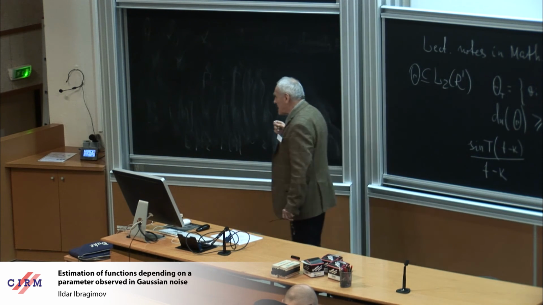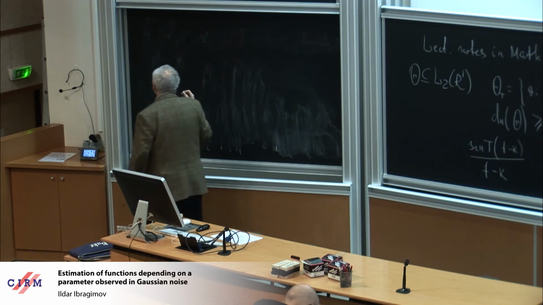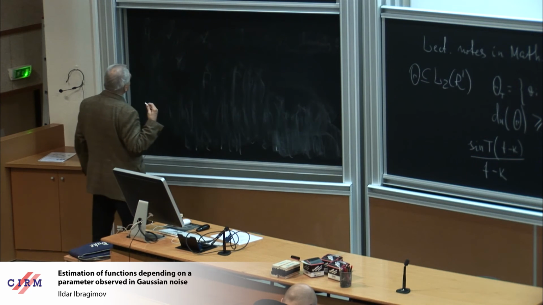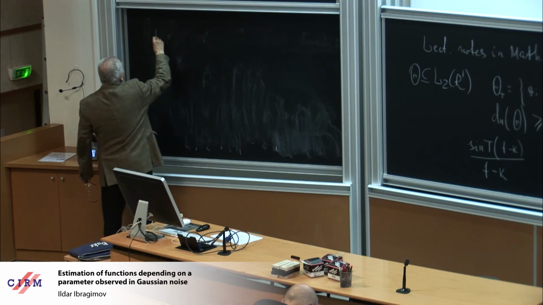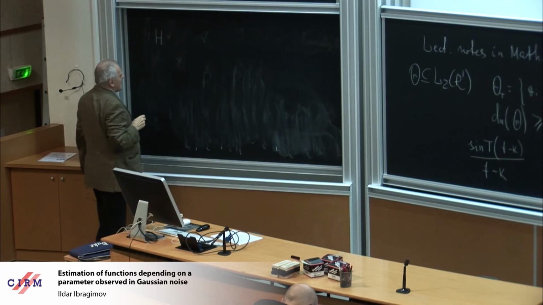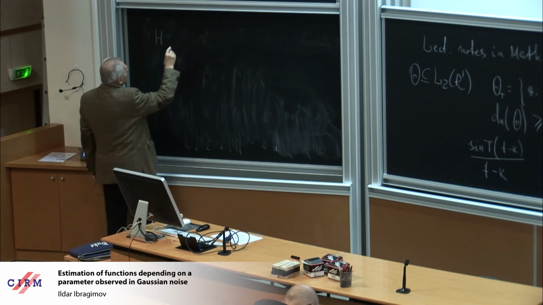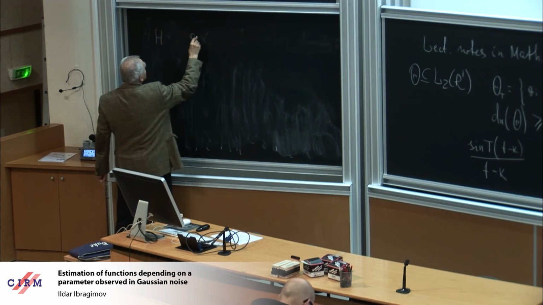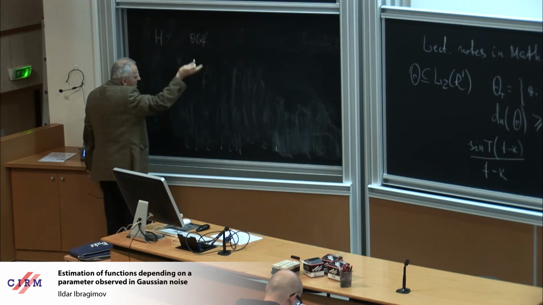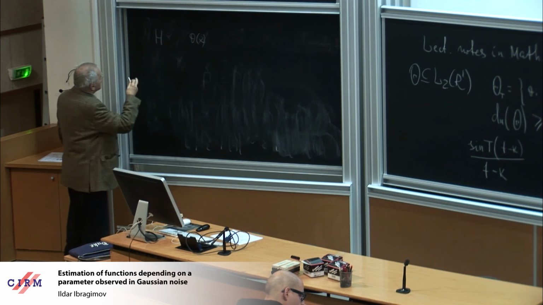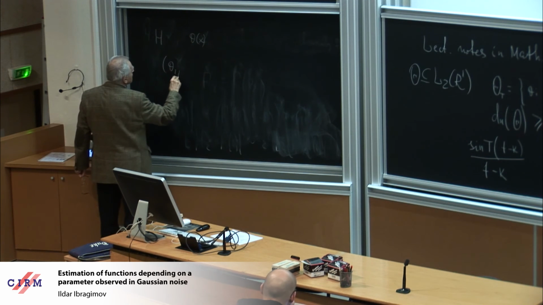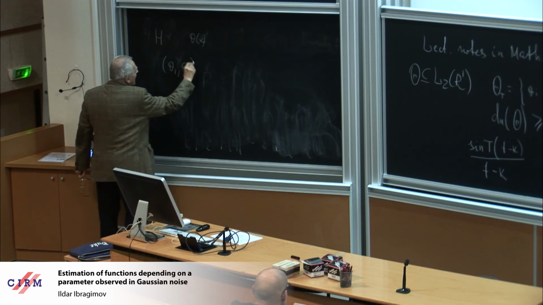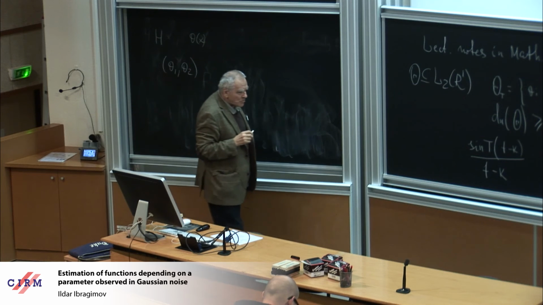So a reproducing kernel Hilbert space is the following thing. H is a Hilbert space of functions theta of x, where x takes its value in some space X, with scalar product theta_1, theta_2, and which satisfies the following property.